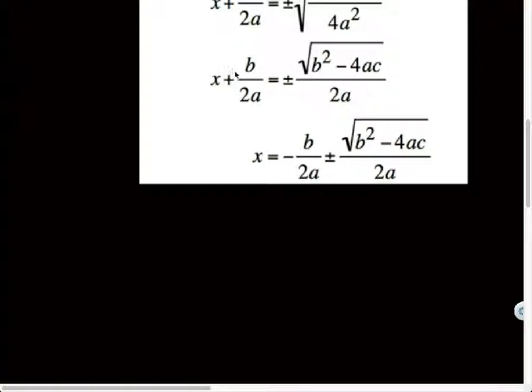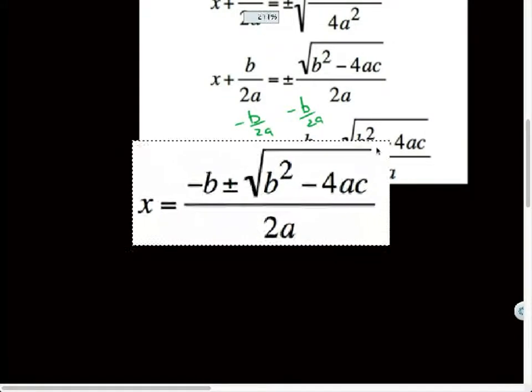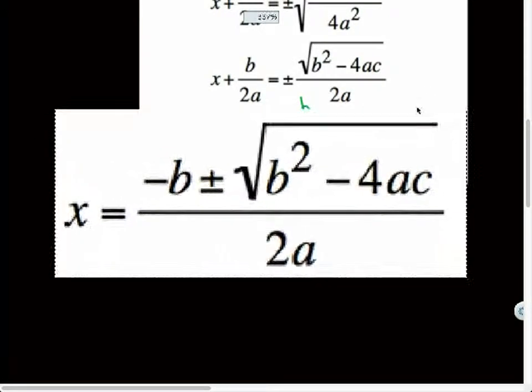And then I would subtract b over 2a from both sides to try to get x by itself. Then I might say, wait a minute, these guys don't have the same denominator. And you're correct, my friends, they do have the same denominator. So I could combine those over a single denominator, and behold, what do I get?